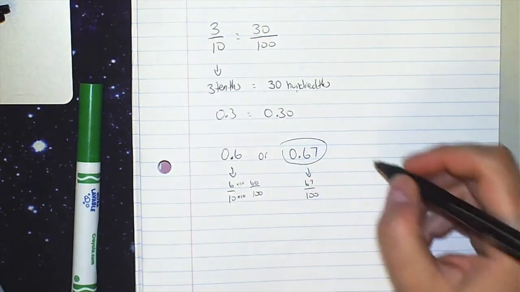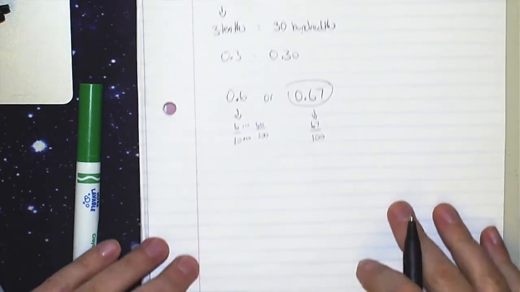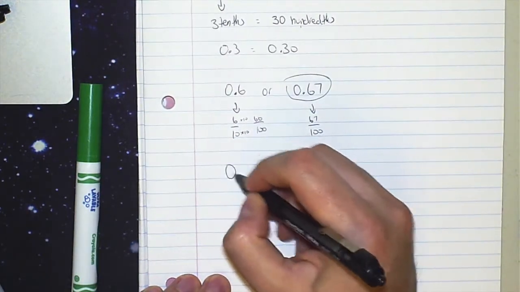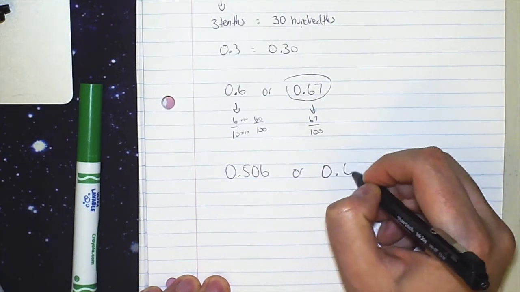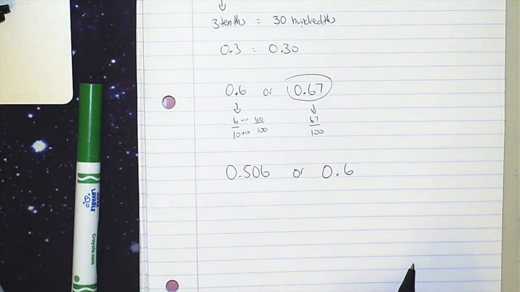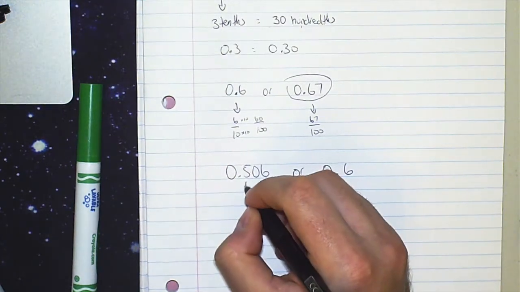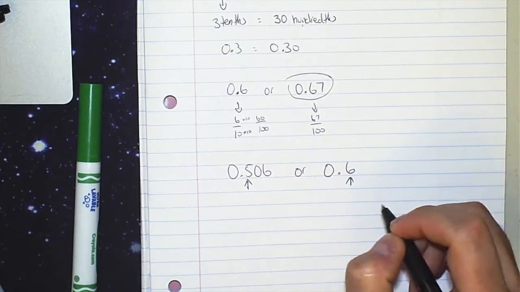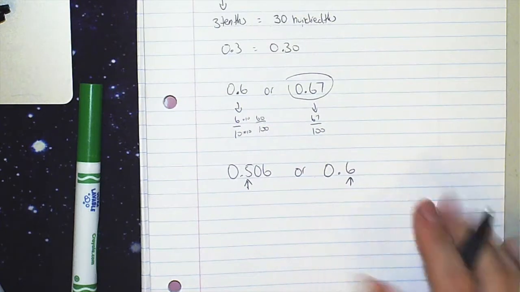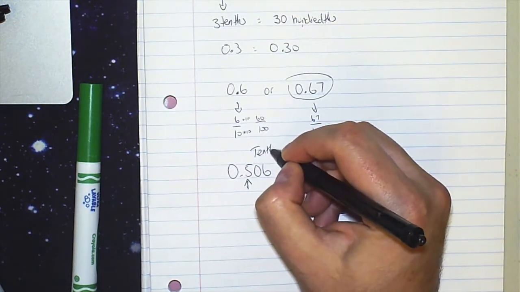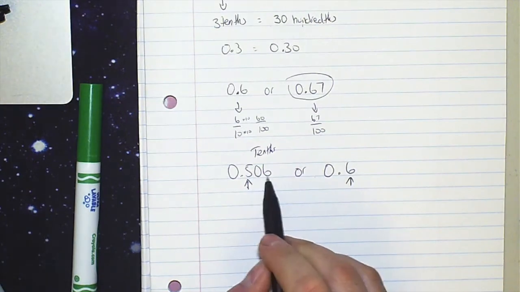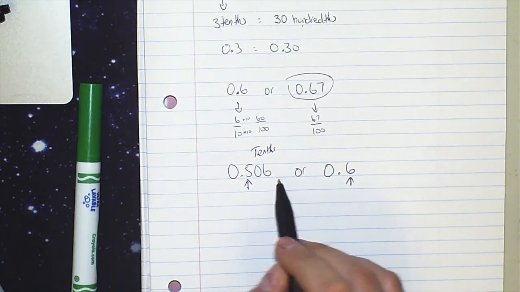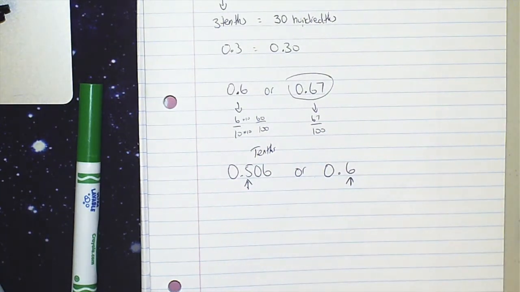Okay. Here's another one I want you to look at. Put them in order. 0.506 or 0.6. So when we have a place value, this is the digit that matters. The first one after the decimal. This is the tenths column. This is the one that matters. It doesn't matter if there's 1, 2, 3, 4, 1,500 numbers after that.